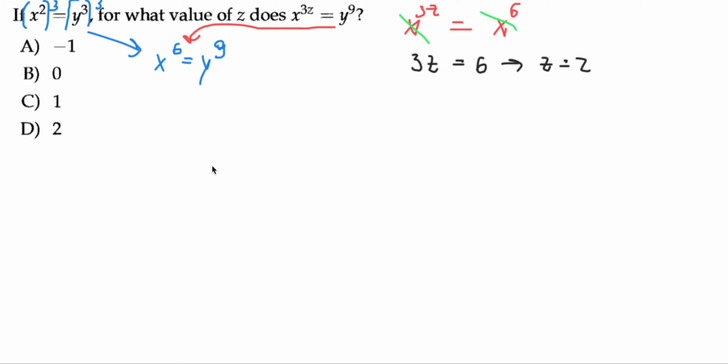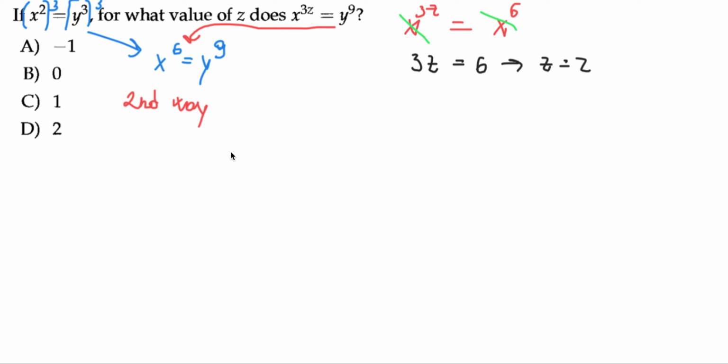Now the second way of doing this is a little bit complicated, but it works as well. As you can see, it says if x to the 2 is equal to y to the 3rd power, for what value of z does x to the 3z equal y to the 9?